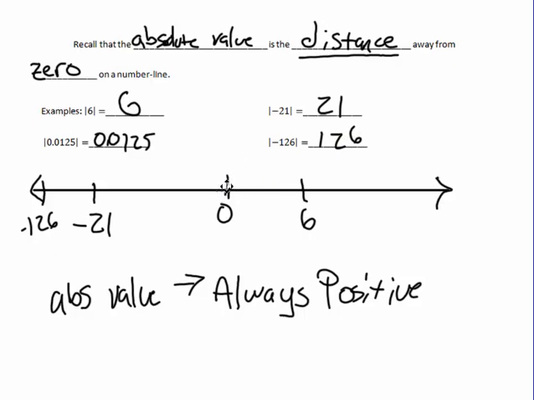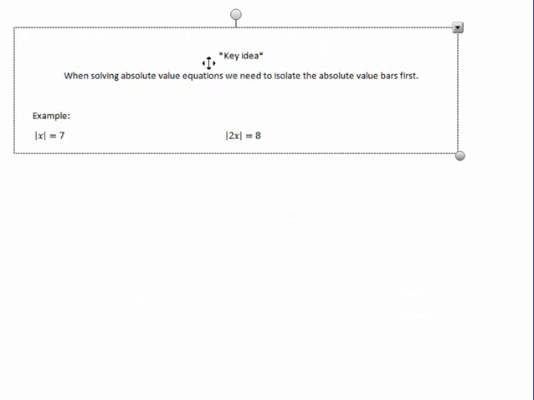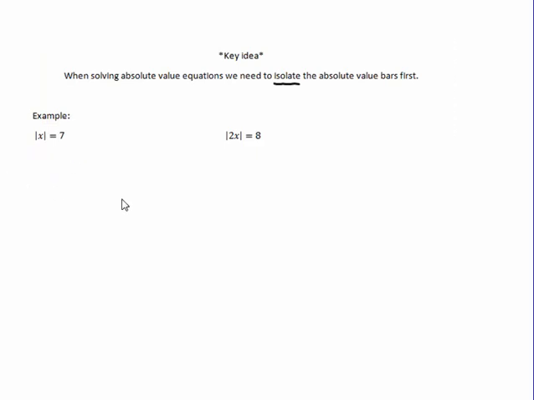And remember, distance away from 0 on a number line. So here the big idea is that we need to isolate the absolute value bars first whenever we solve. Here in this example, we have the absolute value of x equals 7. So what are my two possibilities inside here?